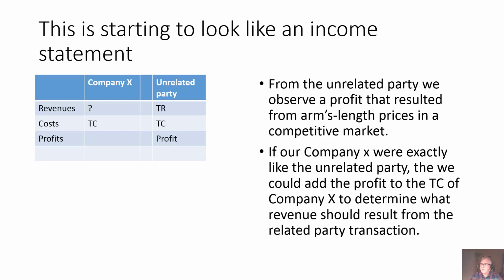Say, in this example, they're selling to related parties, therefore that revenue is the unknown. But if we knew the profit and they were absolutely identical, we could take the profit of the unrelated party, add it to the total costs that we can observe for company X, and back up to what the revenue would have to be for that to be in balance.